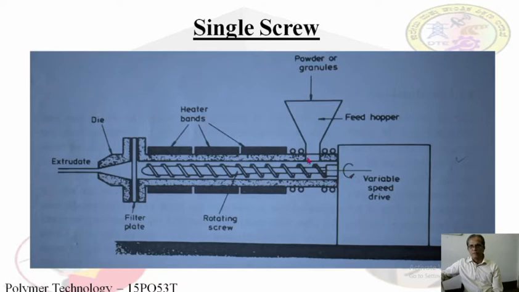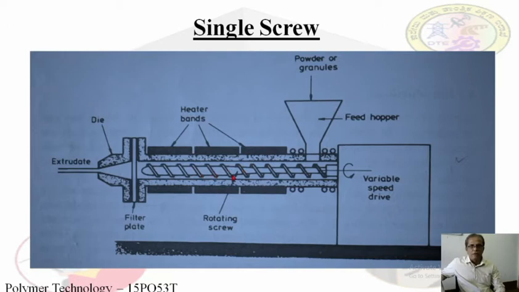So totally, a barrel which is horizontally placed, in which there is a screw. Here only one screw is fitted inside the barrel, hence this type of machine is called a single screw extruder. So material is charged here. When it comes over here into the barrel, the feed end, then heating is there from the surroundings, and because of the rotational force of the screw, the plastic granules get heated up, and when they reach this point, the complete heating will take place and melting starts.